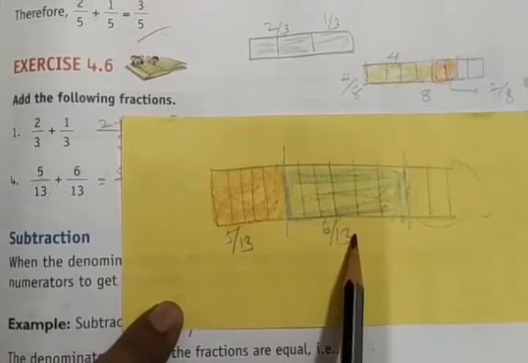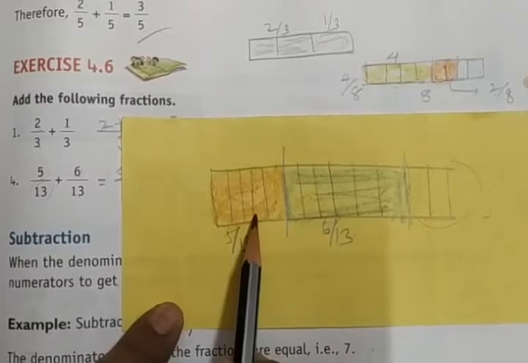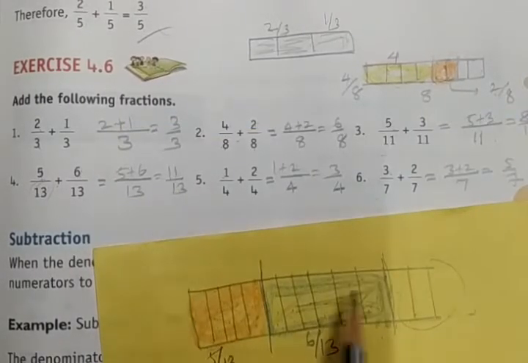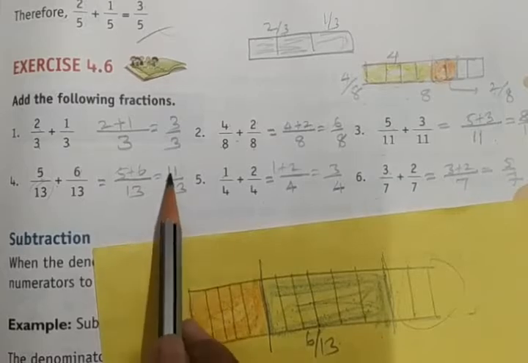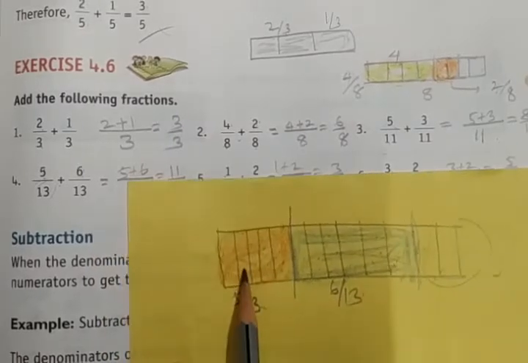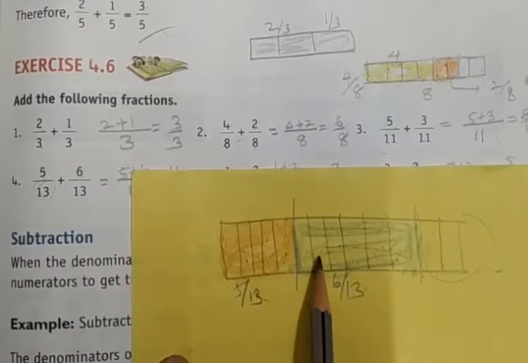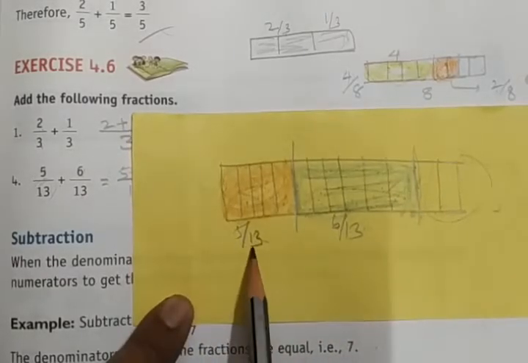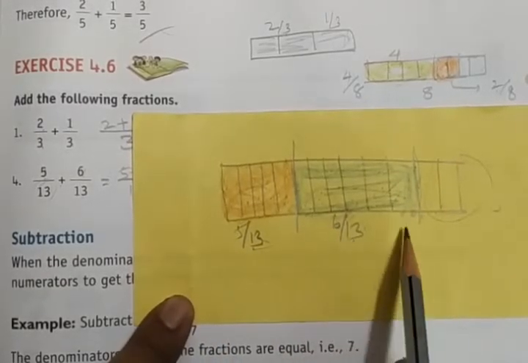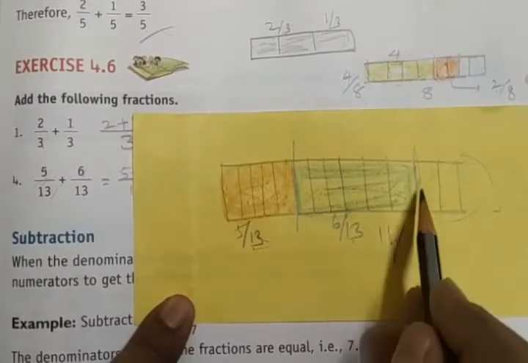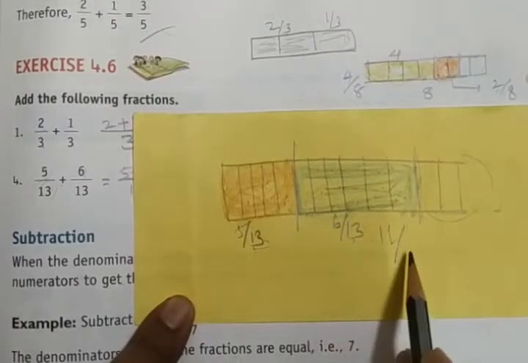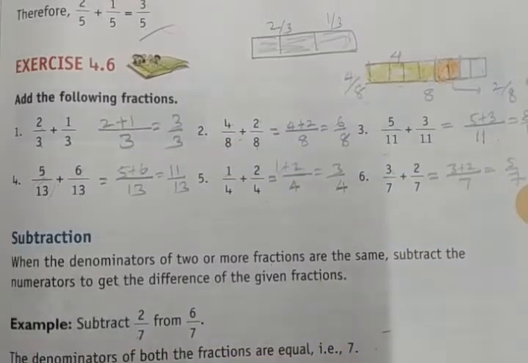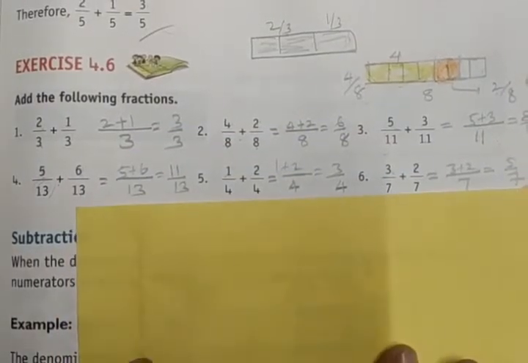Out of 13, 11 parts were shaded. So the answer is 11 out of 13. So the addition of 5 by 13 plus 6 by 13 is equal to 11 out of 13. Okay, like this you have to draw the figure and try to understand.